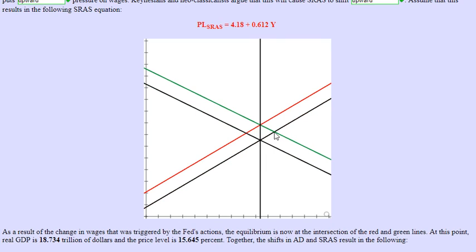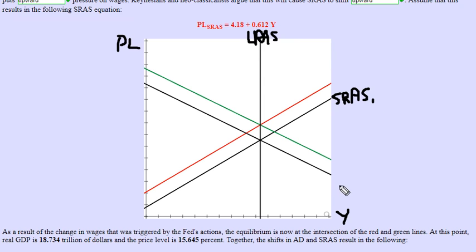I'm going to kind of ignore this intermediate effect, this short run effect. We're going to go from the initial equilibrium to the final equilibrium. So let me go ahead and graph this. So we got the price level, we got real GDP, we got long run aggregate supply, we have short run aggregate supply from scenario 1 and 2.